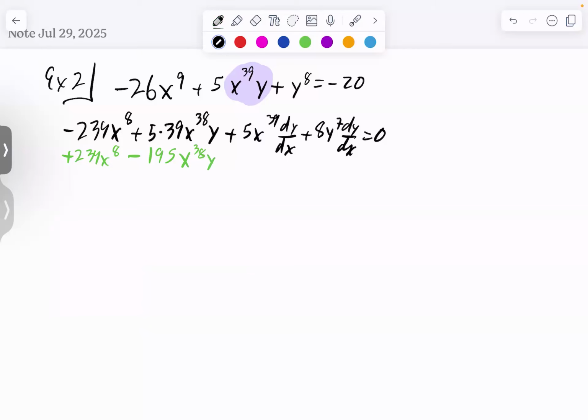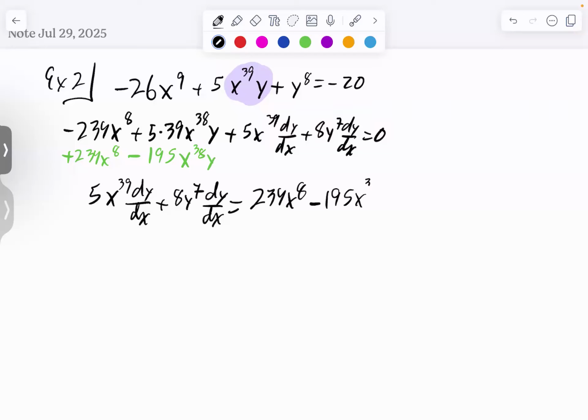And that's going to get me 5x to the 39th dy over dx plus 8y to the 7th dy over dx equals 234x to the 8th minus 195x to the 38th y.